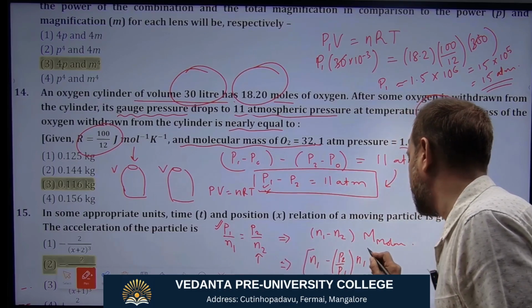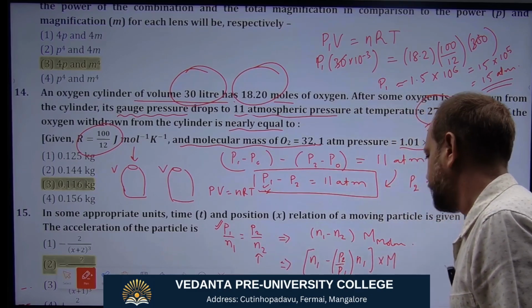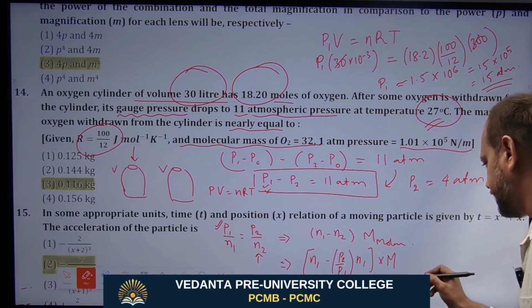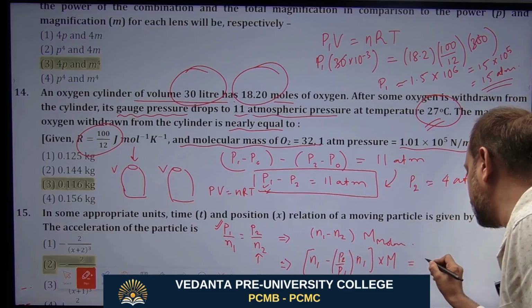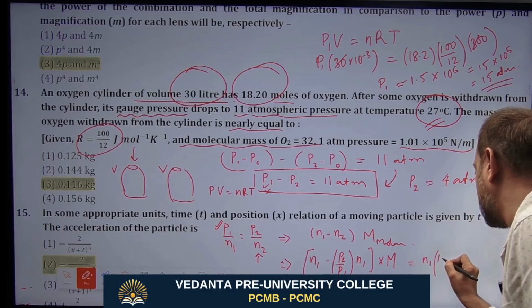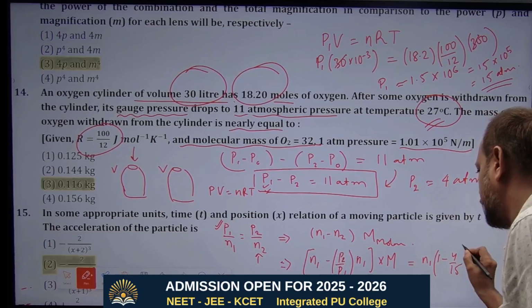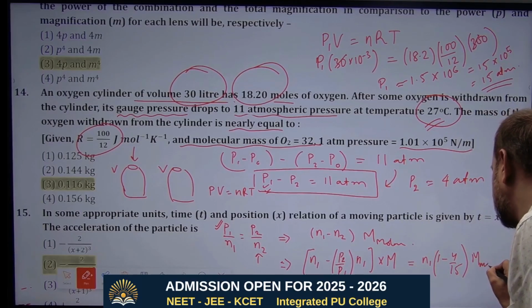Then the whole thing should be multiplied by molar mass, and then converted into kg. Now what is P2 by P1? P2 by P1 is 4 by 15. Substitute it here. N1 you take out. Then we have 1 minus 4 by 15 multiplied by molar mass.